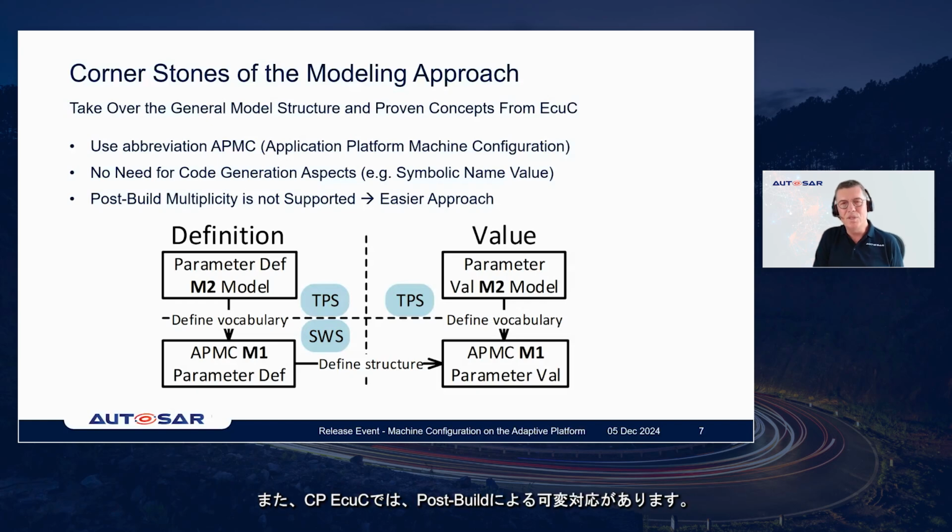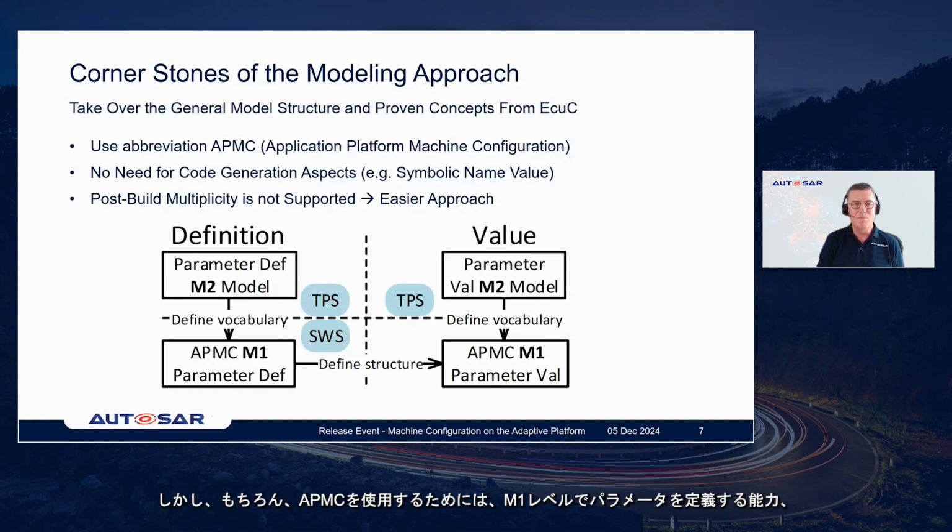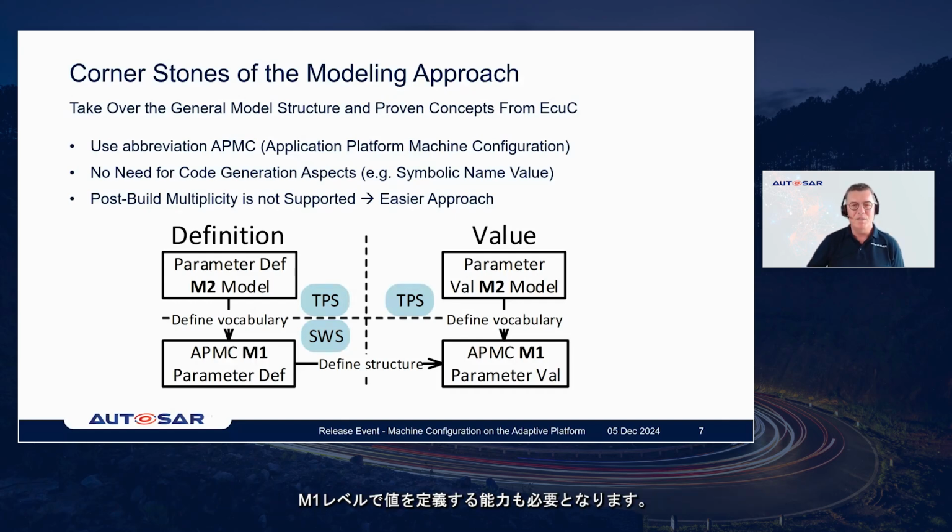Also in ECUC, we have post-build variability. This is not possible on the adaptive platform anyway, so APMC doesn't have to support this. But of course, in order to use APMC, it is necessary to have the ability to define parameters on M1 level and also the ability to define values on M1 level.